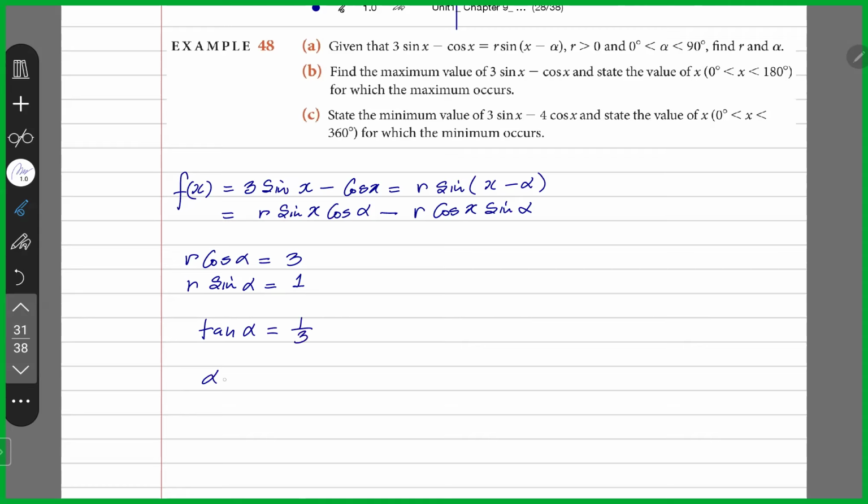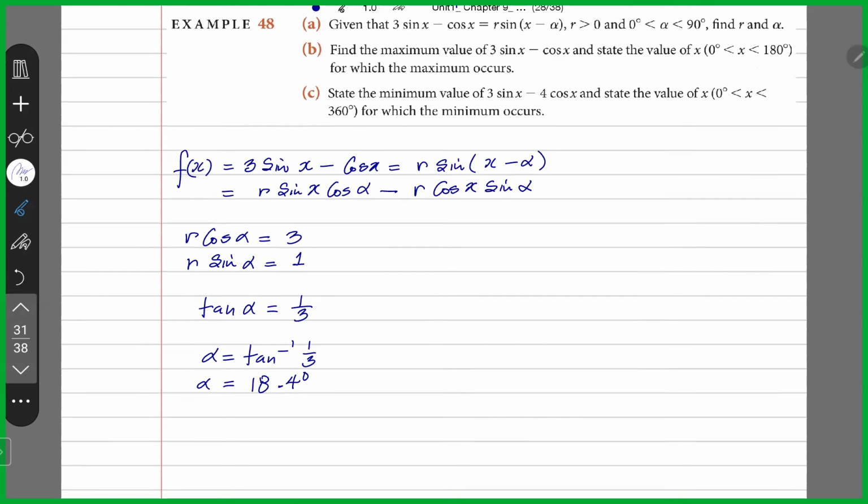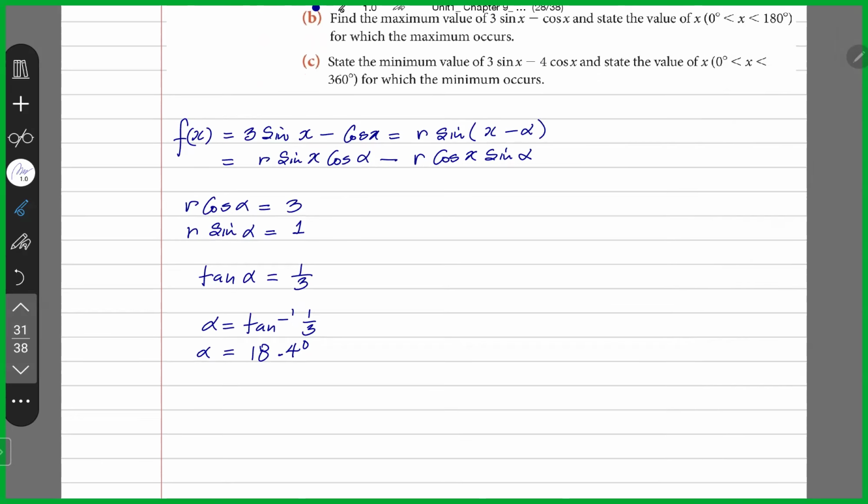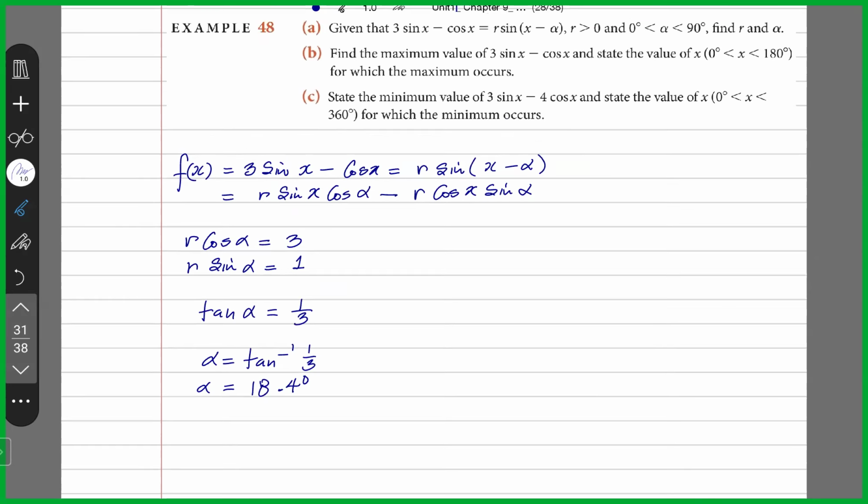And so alpha is equal to tan inverse 1/3. And so alpha is equal to 18.4 degrees. So we know what alpha is, let's determine what r is.